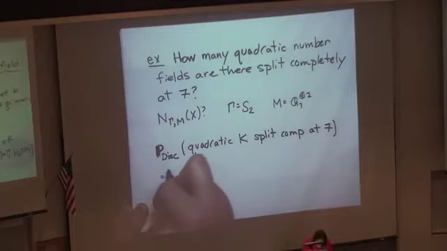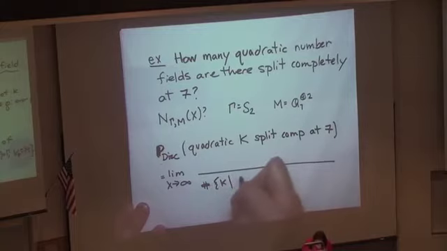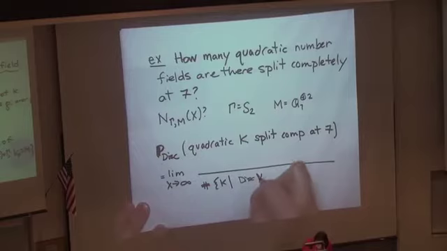So this is the limit as X goes to infinity of the proportion of K of discriminant less than X, with Galois group S2.